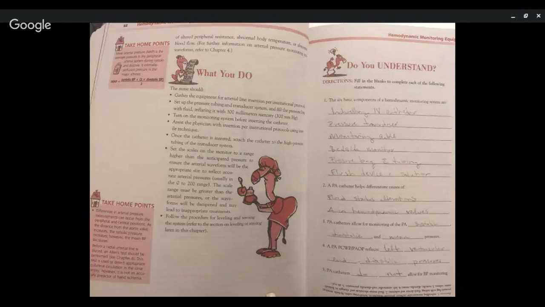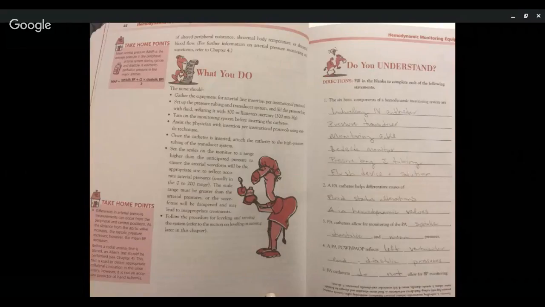How is this done? You should gather the equipment, set up the pressure tubing and transducer system, and fill the pressure bag, inflating it with 300 millimeters of mercury. That's a good point: how many millimeters of mercury is used to inflate the bag.